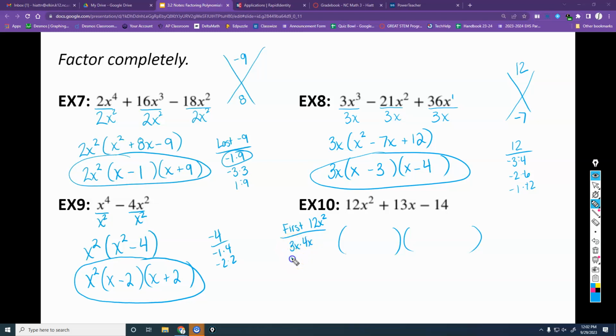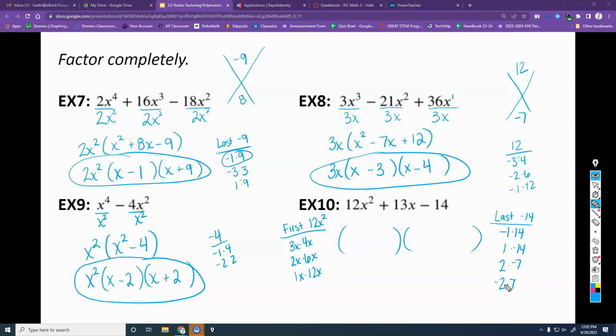I could do 2x times 6x, or I could do 1x times 12x. And then for my last term, I've got -14. So I could do -1 and 14. I could do +1 and -14. I could do 2 and -7. I could do -2, +7.